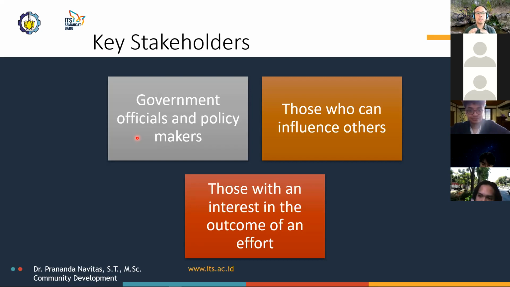Not the government per se, but their attitude and their position and their regulations and policies and their decisions may be helping you fulfill your project goals, or they could blindside you and directly cancel out your goals.